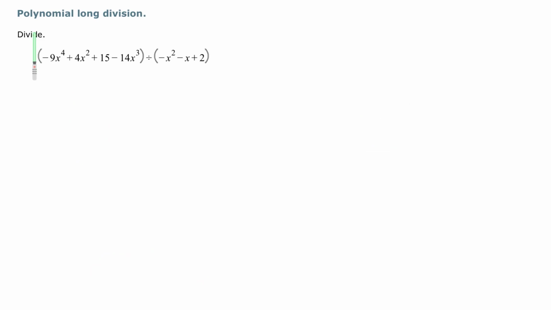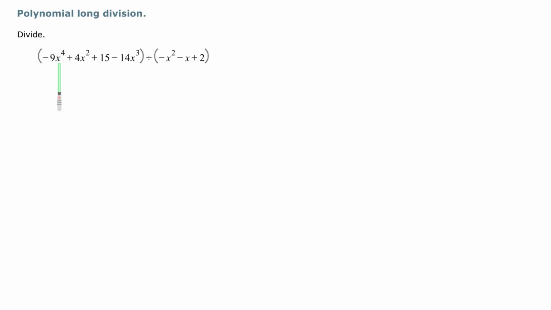Here's a particular long division problem that requires a little bit more attention. Notice the first polynomial has degree 4, but it is not written in descending order. So when you write this division problem, make sure it's in descending order. The other thing you want to notice is that we're missing a place value, and the place value here is actually the x's.